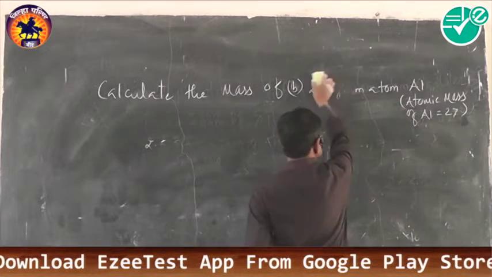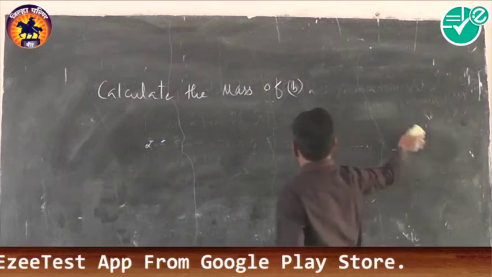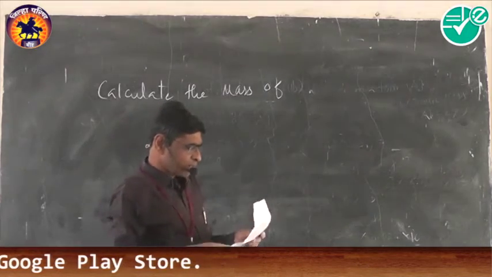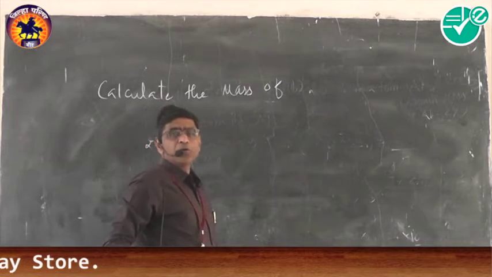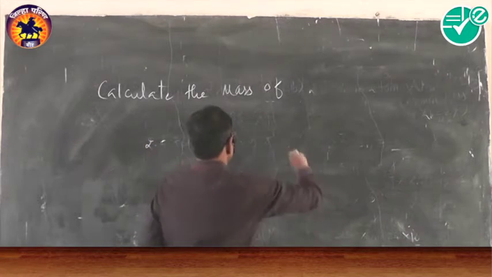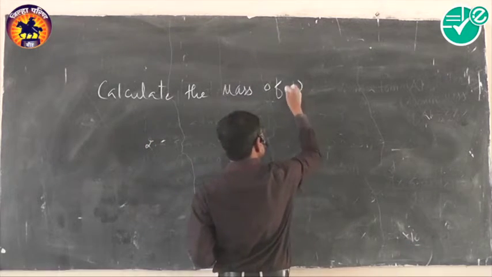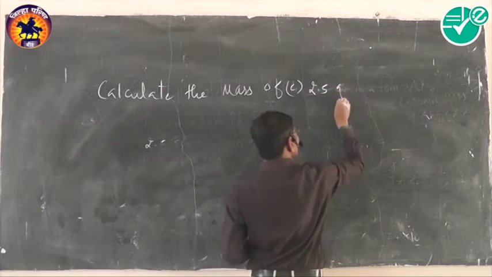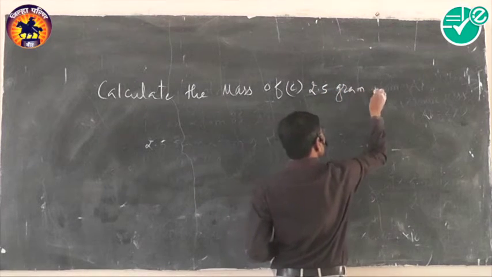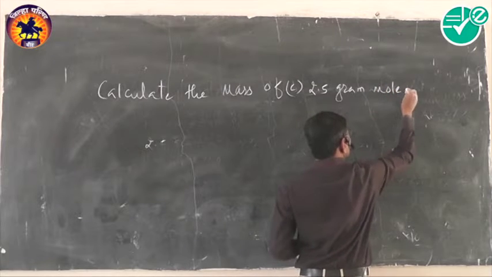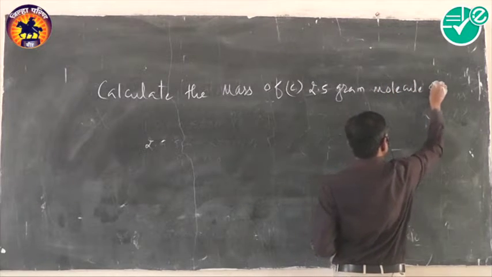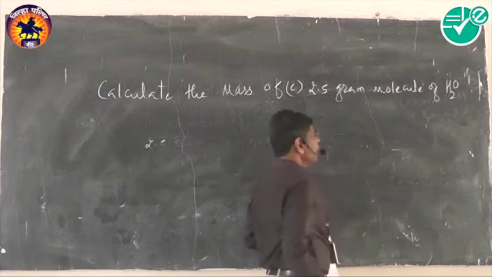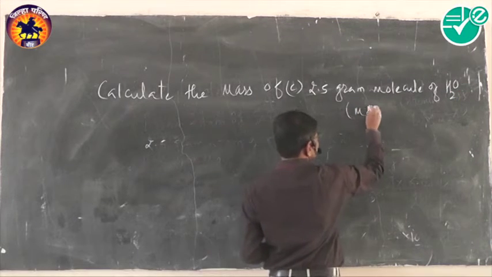Then let us consider the next example. We have to calculate the mass of 2.5 gram molecule of water. Now molar mass.